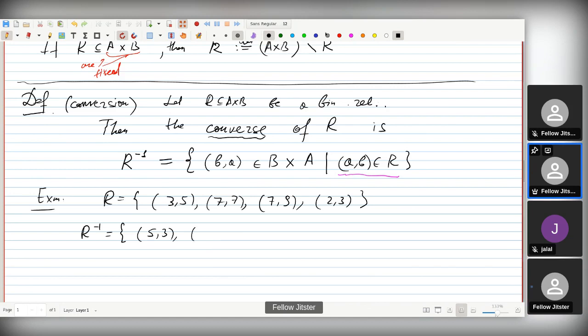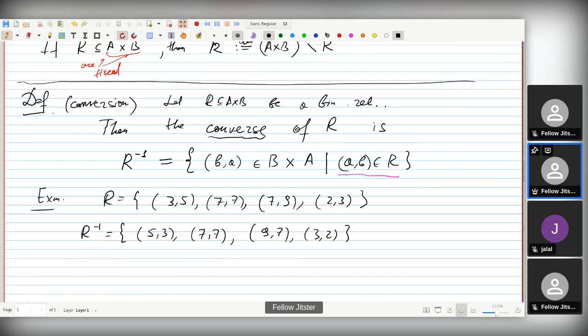What else? (7, 7). Look, such a pair is invariant under this operation. That means it doesn't change. You change the order of coordinates in such a pair, but this pair is still equal to itself. What about (7, 9)? (9, 7). And (3, 2).